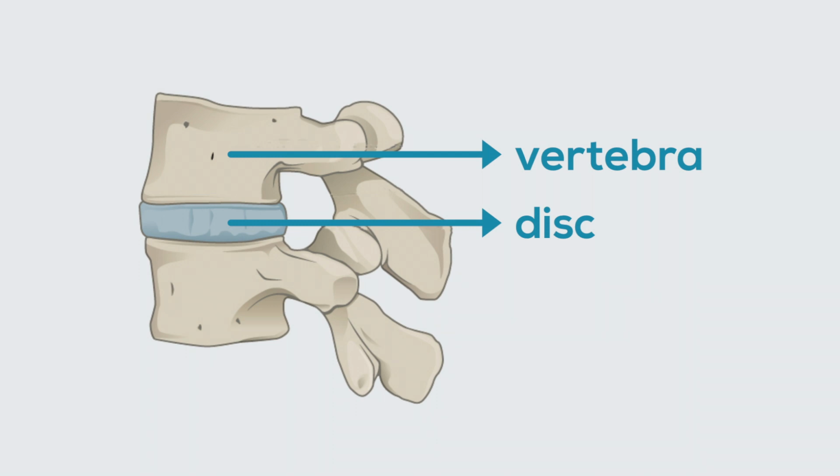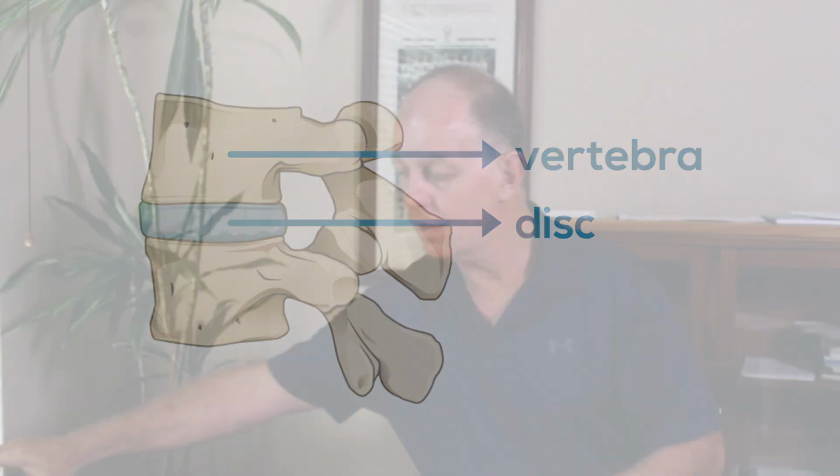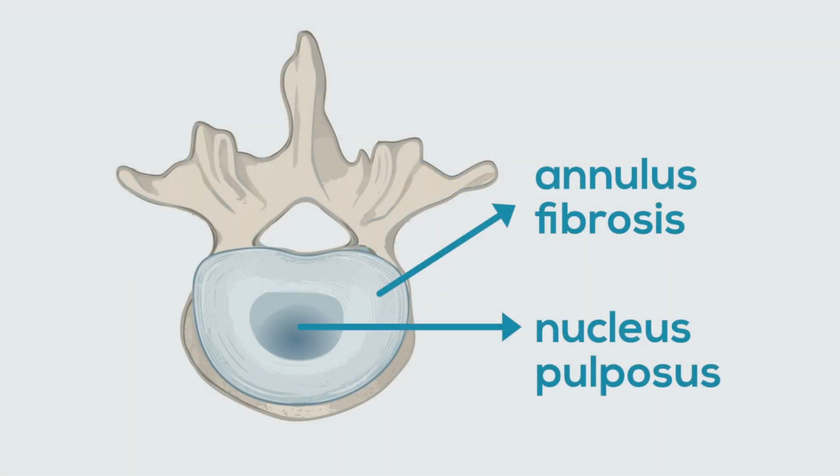Between the vertebrae we have a shock absorber, a spacer we call the disc. The disc on the outside has the annulus fibrosus, which are between 10 and 20 rings or lamellae that holds the nucleus pulposus in the middle.